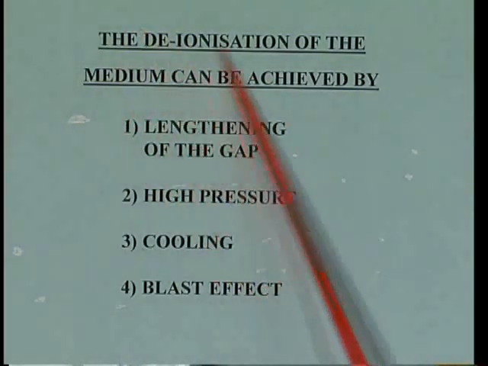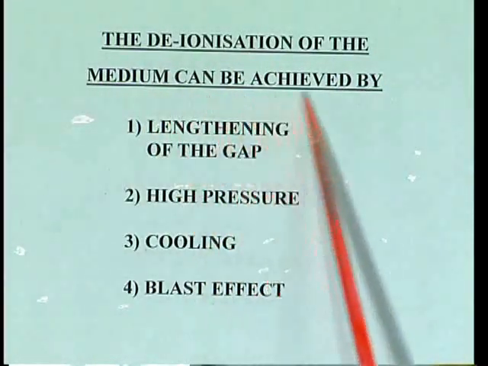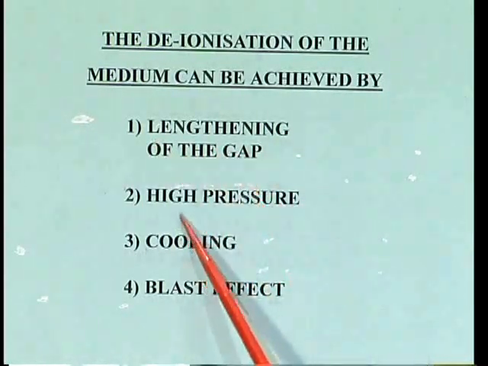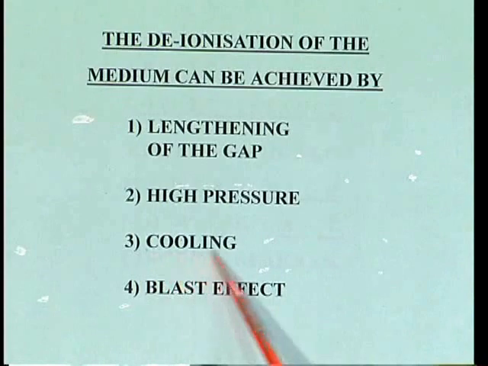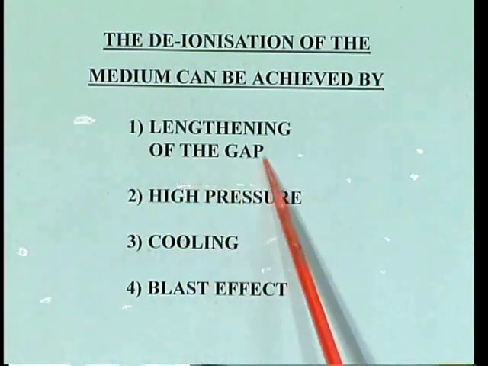The deionization of the medium can be achieved by lengthening of the gap, high pressure, cooling of the arc, and blast effect. The first one is lengthening of the gap.